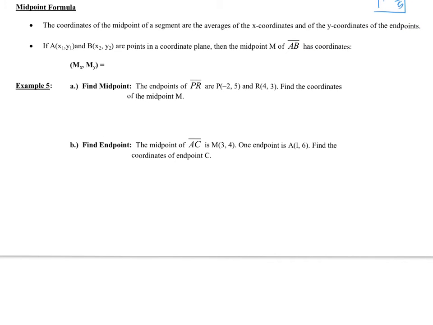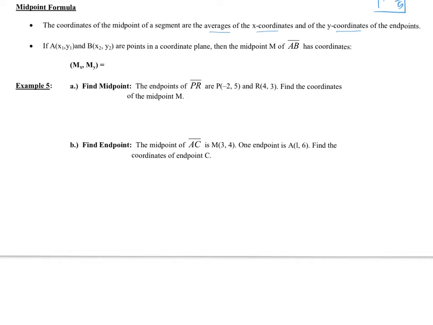The midpoint formula. The coordinates of the midpoint of a segment are the averages of the x-coordinates and the y-coordinates of the endpoints. So if point A, x1, y1, and point B, represented by x2, y2, are points in a coordinate plane, then the midpoint M of segment AB has coordinates mx, my.